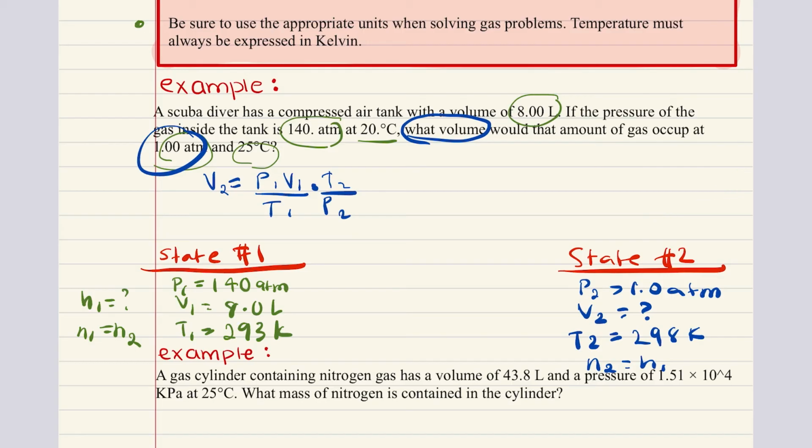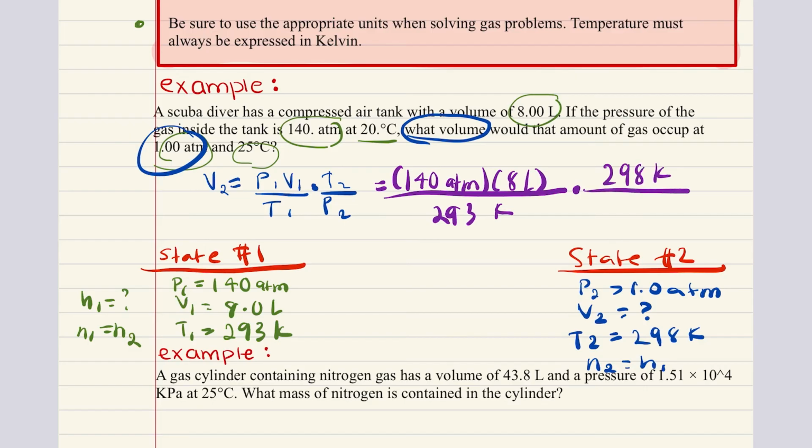Okay, let's just write in our units. All right, P1 is 140 atmospheres. V1 is 8 liters. T1 is 293 Kelvin. T2 is 298 Kelvin, and then P2 is 1 atmosphere.